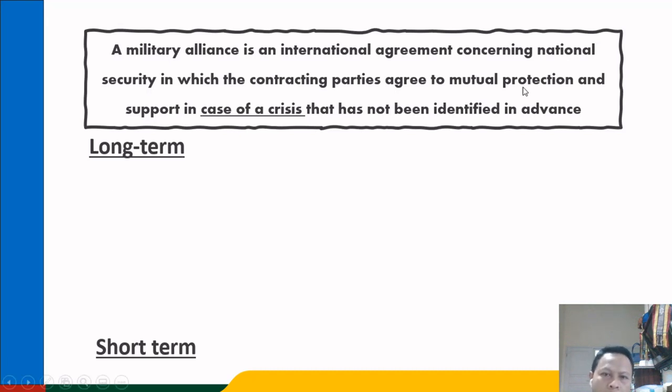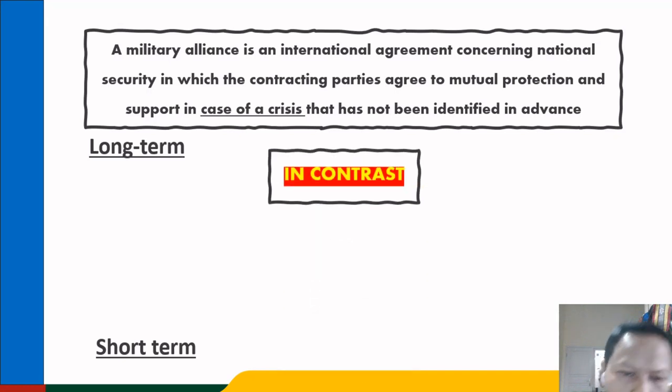So this is the contracting party. The members agree to cooperate to protect each other in case of crisis. If there is no crisis, I think the cooperation does not fully work.